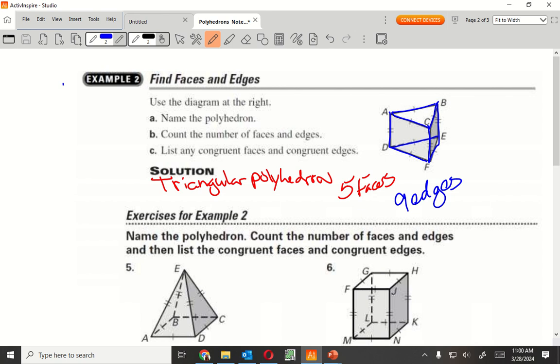Now, off to the side, I'm going to do the last part right here. List congruent faces and congruent edges. There you go. All right, congruent faces, congruent edges.